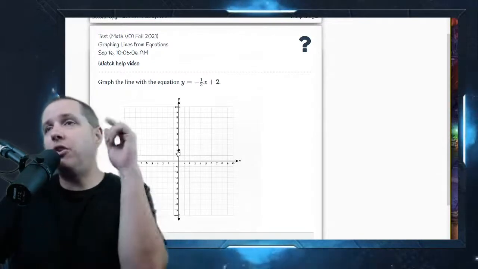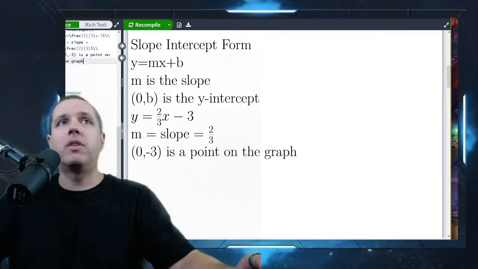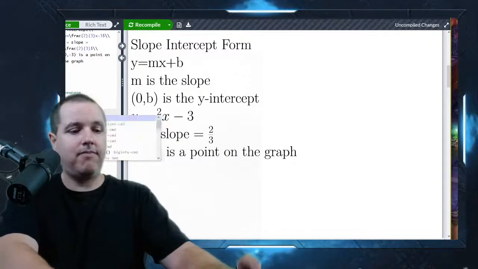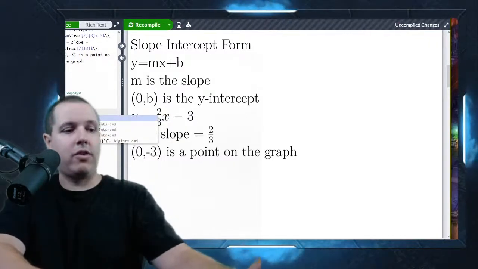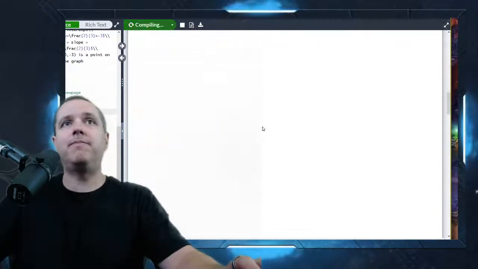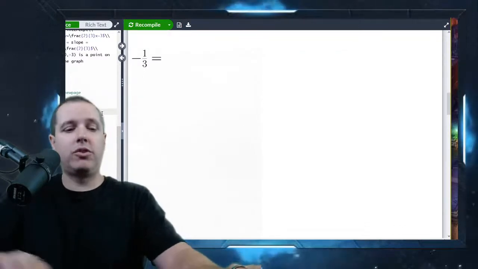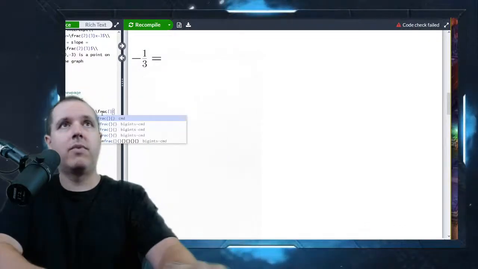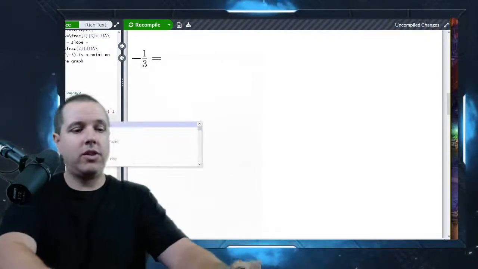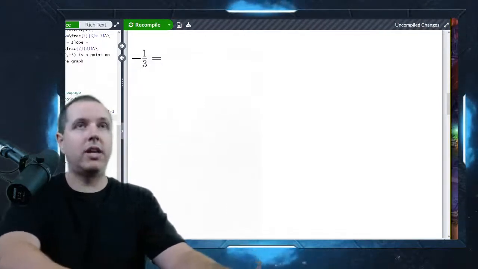Let me write down what I'm saying in case you're not quite following. Keep in mind that the fraction negative 1/3, that's the way it's written in the problem, is equal to the fraction -1/3, which is equal to the fraction 1/-3.